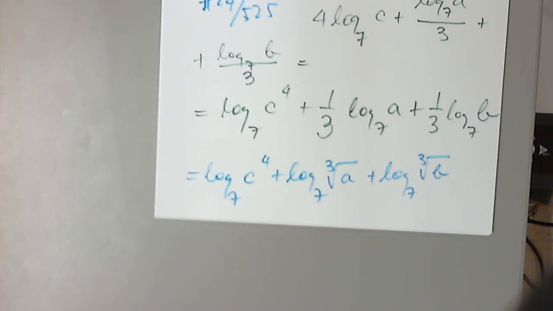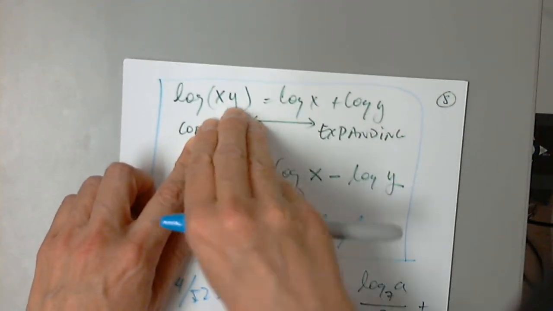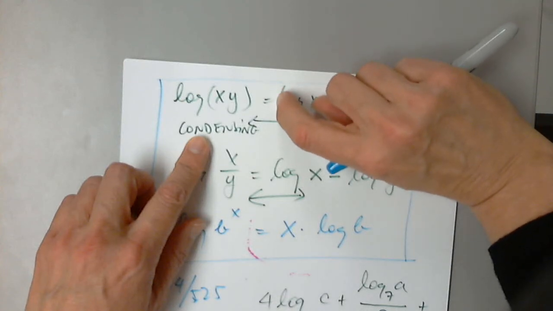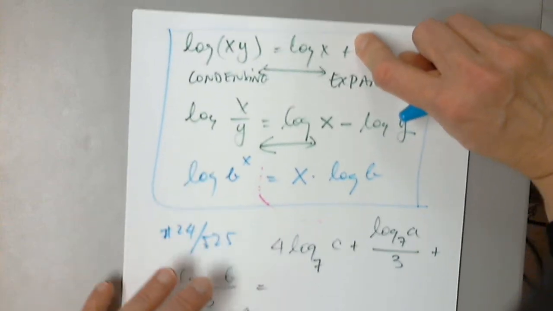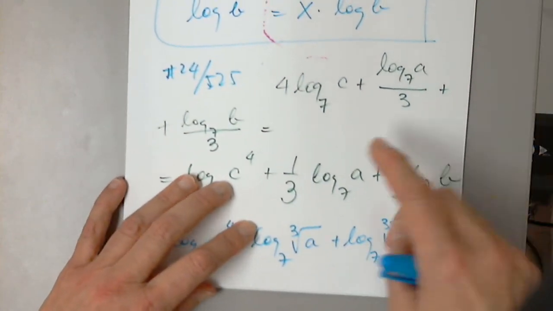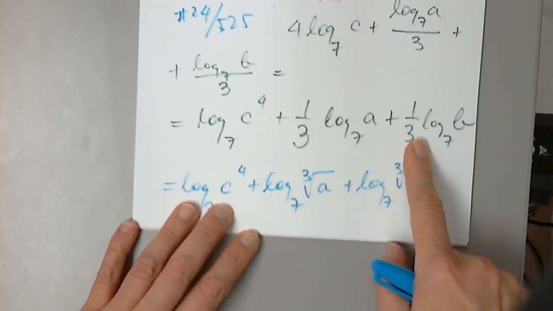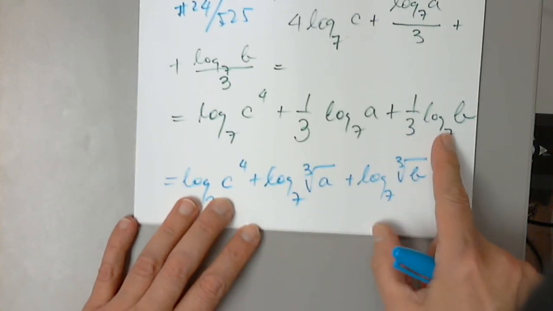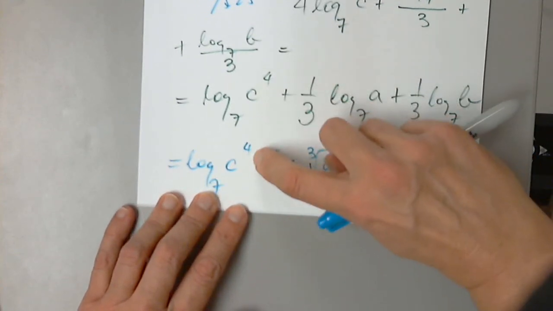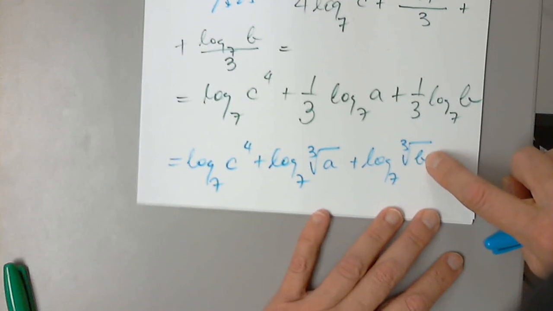So let's go back to the property for a second. The property says I can condense as long as there is just one in front. So here I didn't have that. I had a 4 in front, I had a 1/3 in front, I had a 1/3 in front. So I had to clear the factors in front of each log, which I did. This became power 4, this one has power 1/3, and b has power 1/3.